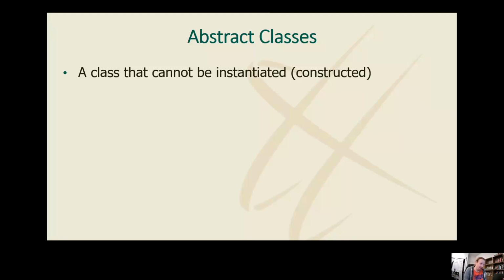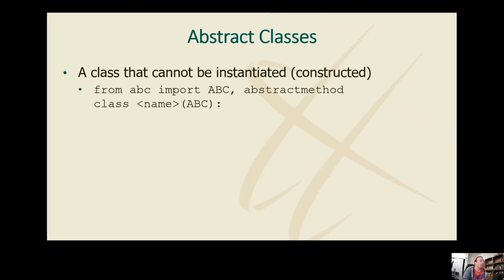So we can create what's called an abstract class. And these are classes that cannot be constructed. Specifically cannot be constructed, okay? Certain behaviors in the abstract class will be abstract. They will not be defined. So we can do this many ways in Python, if we're being honest, but we're going to specifically use this methodology where we're going to import from lowercase abc, right?